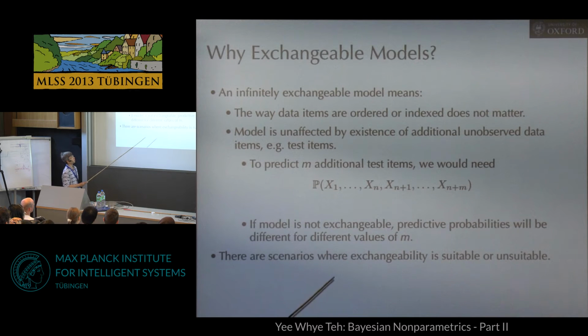If we were to do that in a Bayesian manner, we'd define a joint distribution over x1 to xn, which is our data set, and then xn+1 to xn+m, which is our test set.